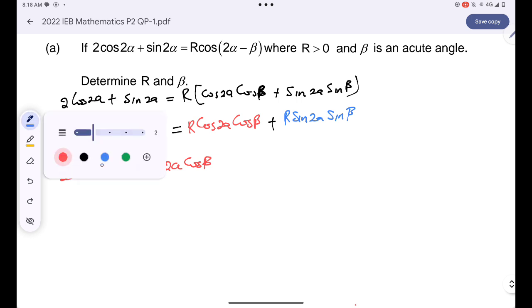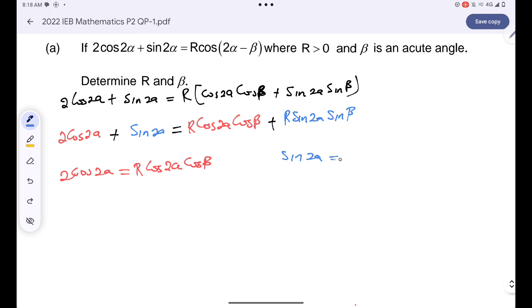And then I also know that sine 2a is equal to r sine 2a sine beta, like that. Okay, since, guys, I'm supposed to determine the values of r and the values of beta, that means a is just a constant term, and in maths, guys, I'm allowed to divide with constant terms.